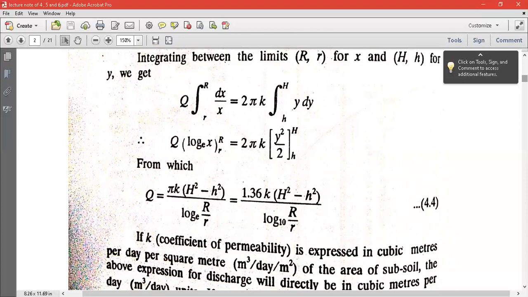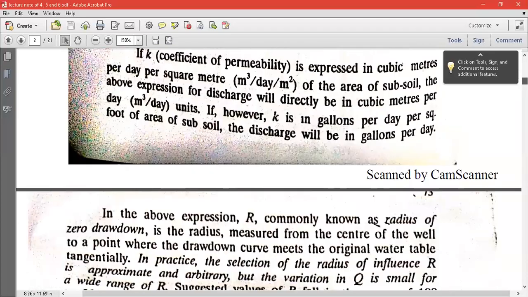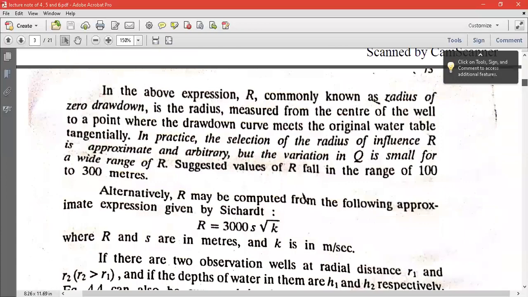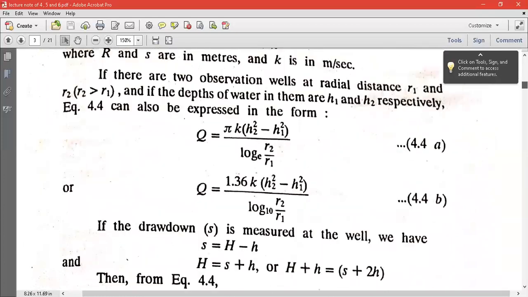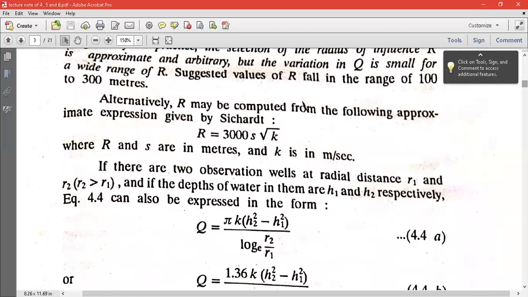Now this formula can be further expanded in a different manner. How? Because we know a square minus b square. See this formula, h2 square minus h1 square, this is nothing but the a square minus b square formula.